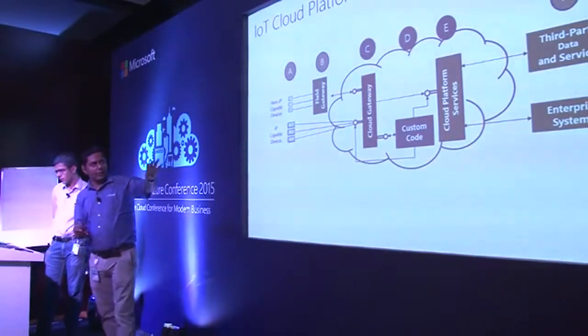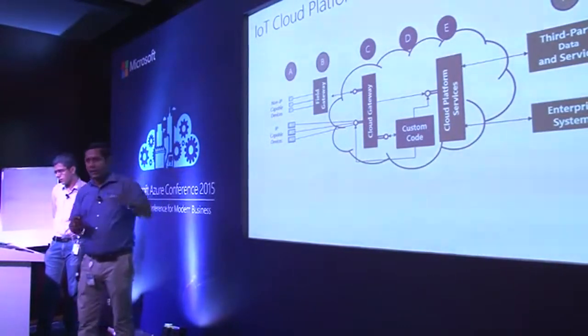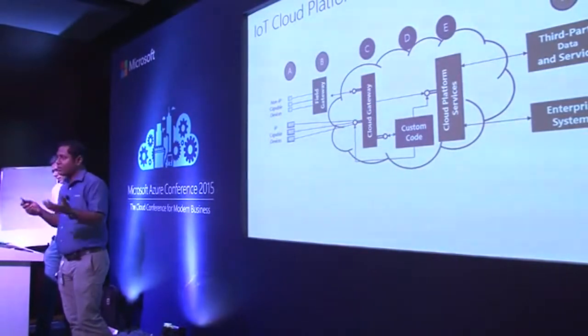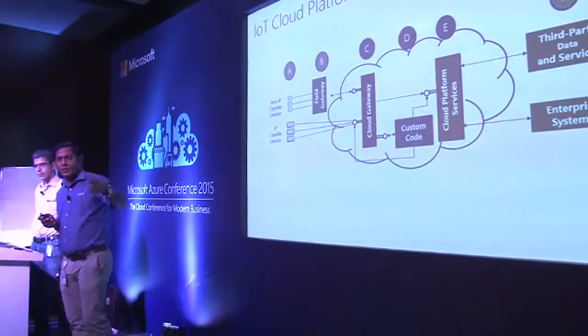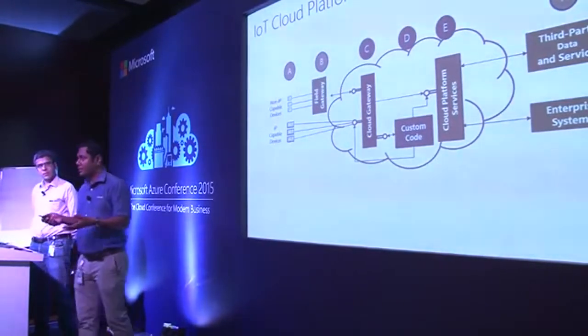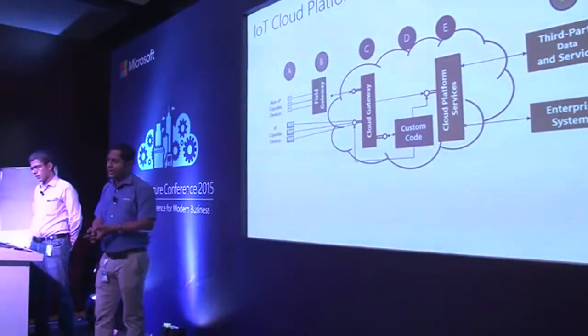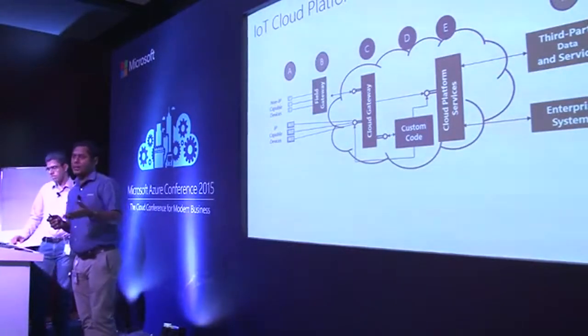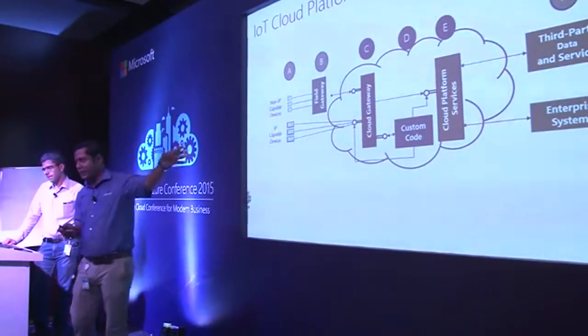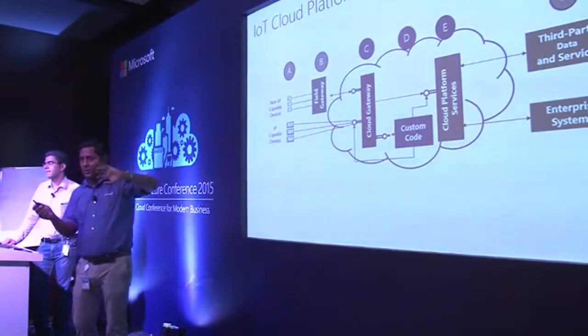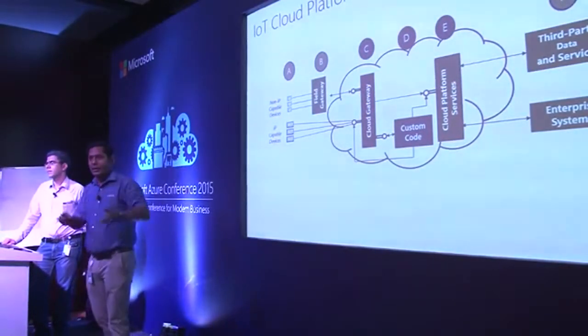And then in the cloud itself, you can have custom cloud service code. And then the different platform services which are available from the cloud platform itself, which is Azure, like data analytics or storage for that matter, or some kind of compute or some machine learning. All that is available, which will be changing or adapting depending on our requirement.